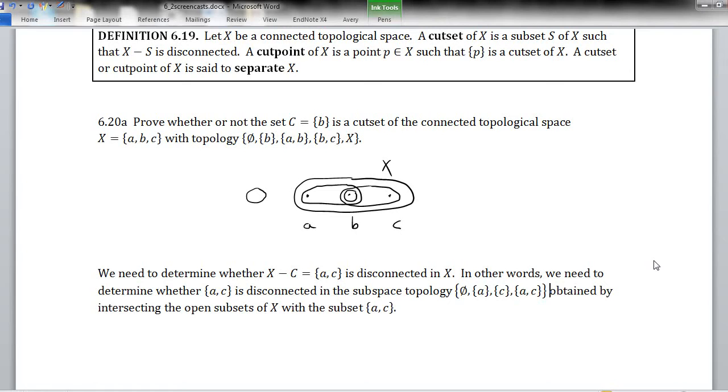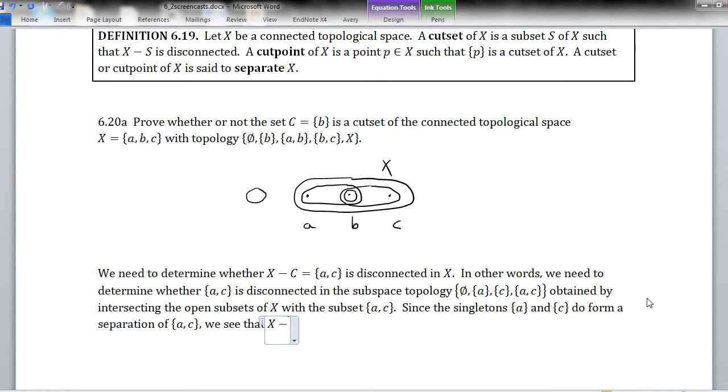And do we have a separation? We do, right? Since the singletons A and C do form a separation of our subset AC, we see that X minus C is disconnected in X, right?